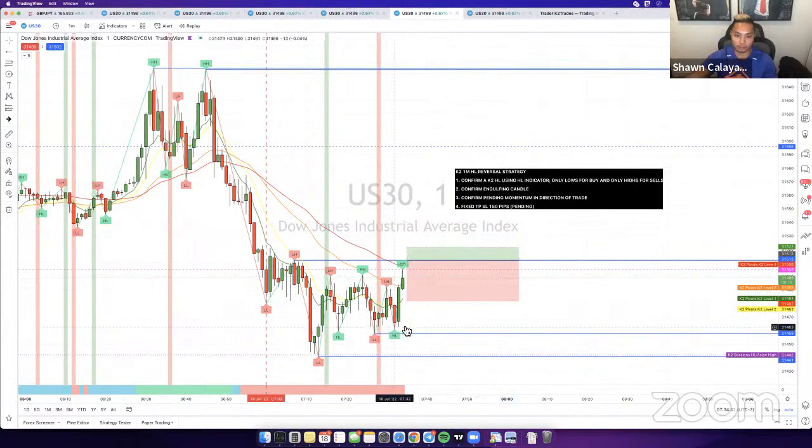So looking back at these previous lows over here, we have a V3, and we also have an engulfing right here. Actually, there's two V3s.